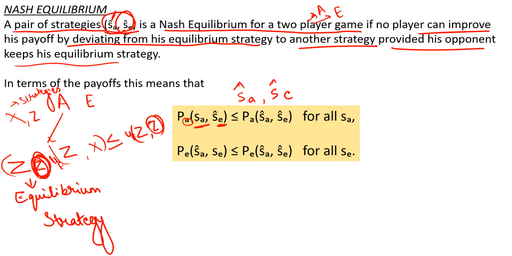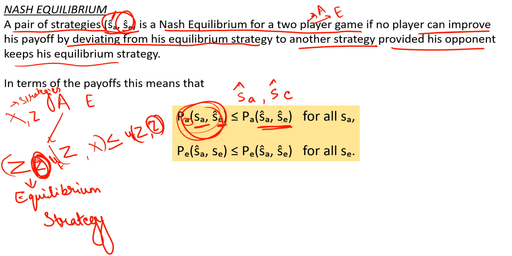This can be the Nash equilibrium strategy or it can be any random strategy. This payoff will always be less than or equal to the payoff for A when both of them stick to their Nash equilibrium strategy. So this payoff can be equal also, but it will never be greater than the equilibrium payoff, right?